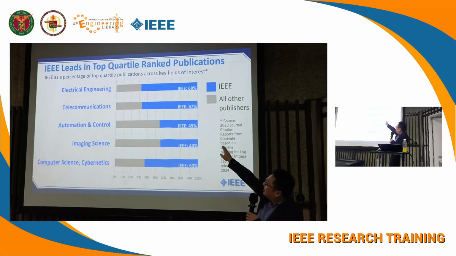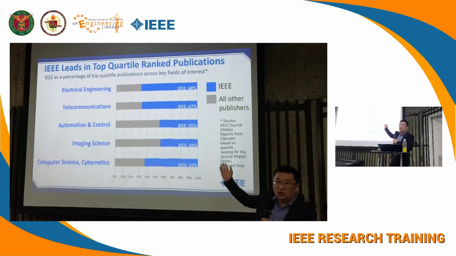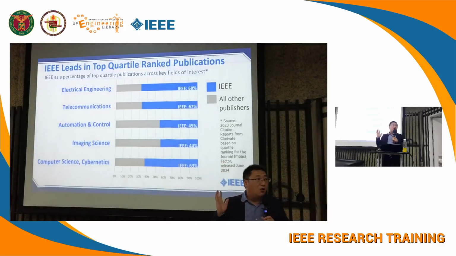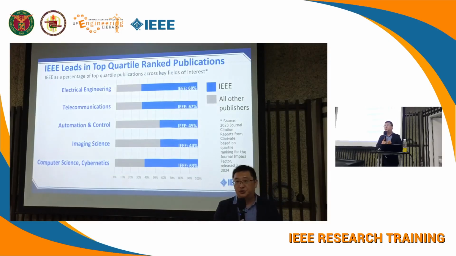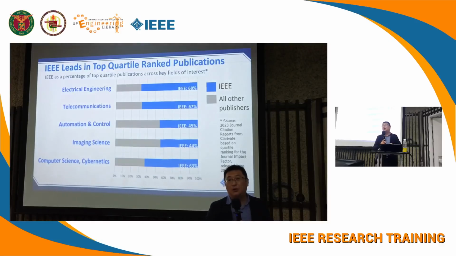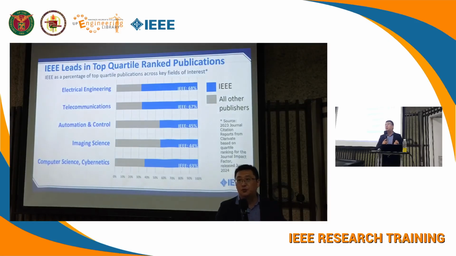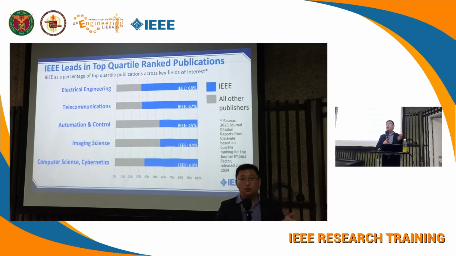If you look at electrical engineering, computer science, automation, control, telecommunication, more than half of the best journals are coming from us. The quality check is done by other researchers. And number two, in IEEE Xplore, we have a lot of built-in functions to help you zoom in to quality research papers. The most relevant, the high impact, most cited, the recent, the newest publications are at your fingertips for you to find those papers.